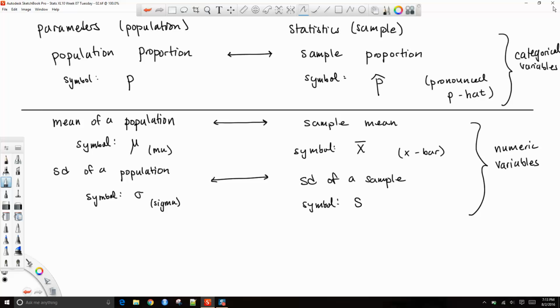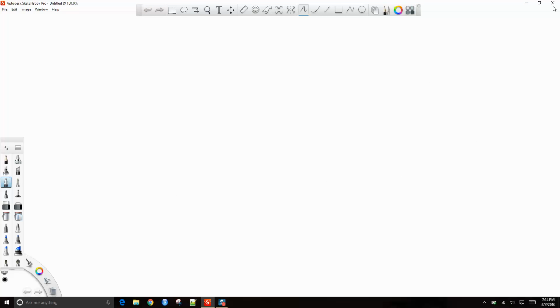Okay. And we said, when you select a sample and you want to make conclusions about the population based on the sample, the sample needs to be representative of the population.